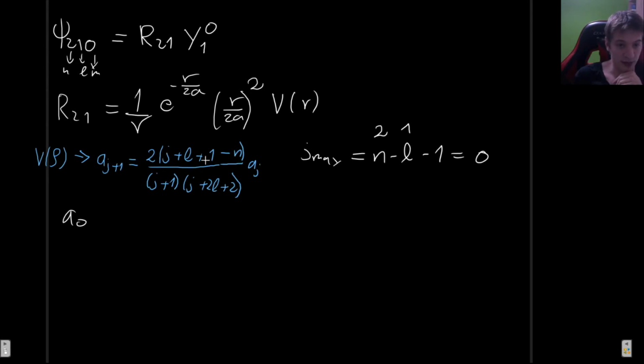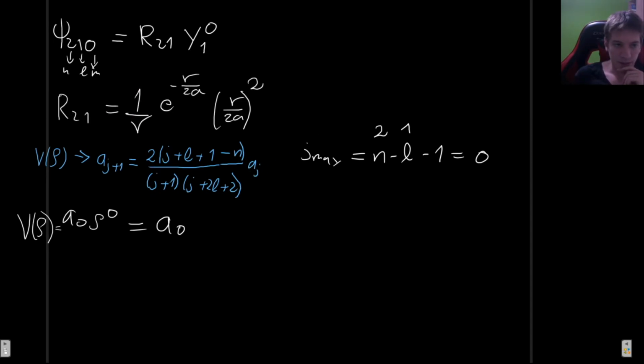This part right here will be 0, so that's already going to be 0. So our function v of rho will just be a0 times rho to the 0th power, which is just a0. So in this case, obviously, it doesn't matter. You don't have to put rho in terms of r. So let's plug that in here.